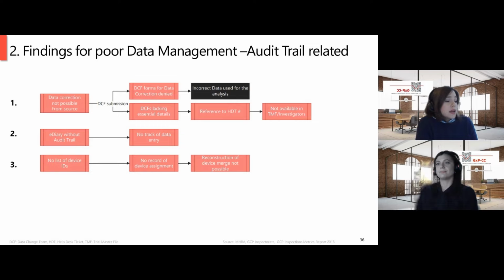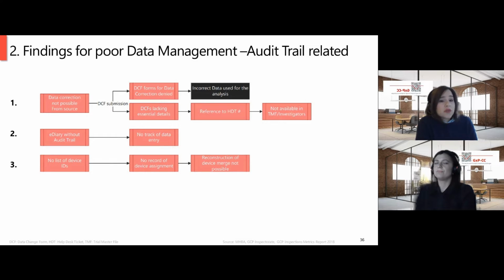At the end, the final problem with this setup of the trial was that there was no list of device IDs, so the e-diaries, and as there was the possibility for these devices to be merged, it was possible to merge data that were entered by the same patient from different devices.